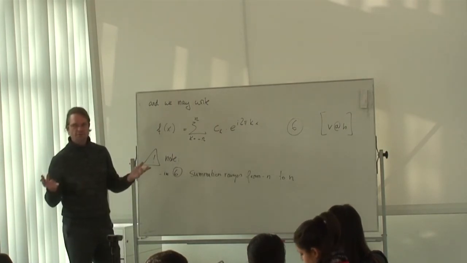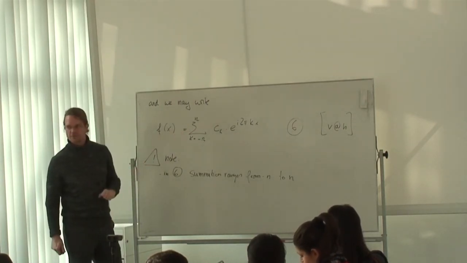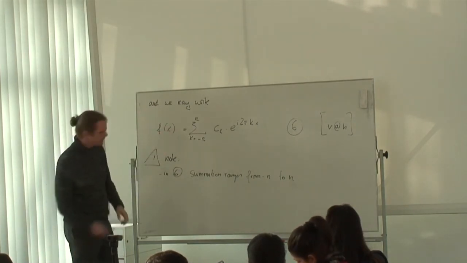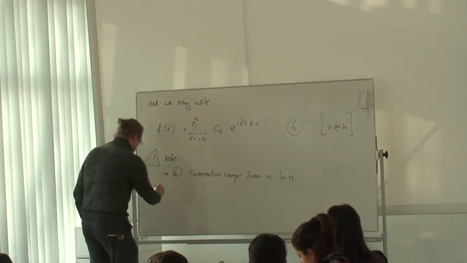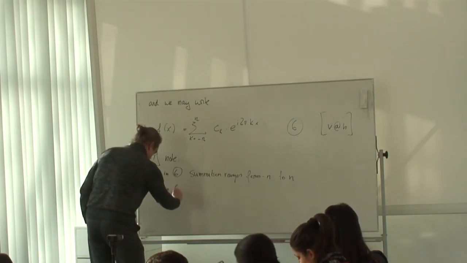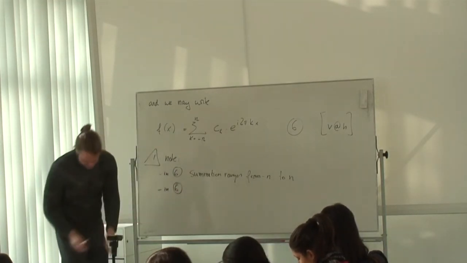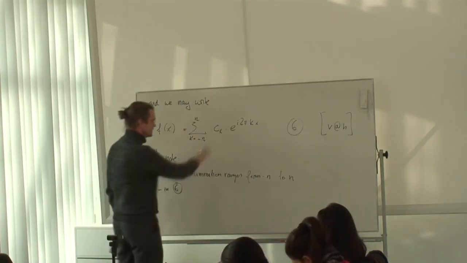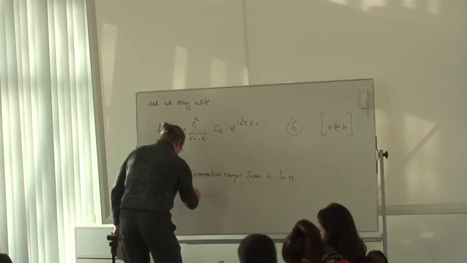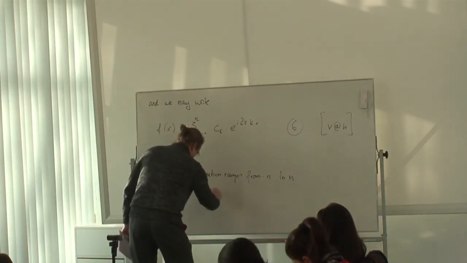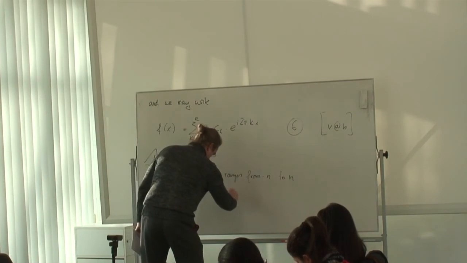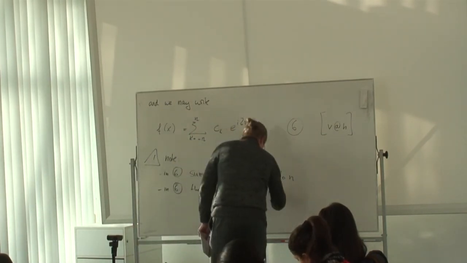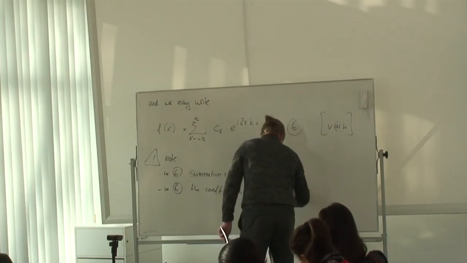Maybe say c naught. If you verify this at home, you will find where the offset term has gone. And also note that in equation 6, and this is another thing you will realize if you verify that at home, the coefficients c_k are complex numbers.